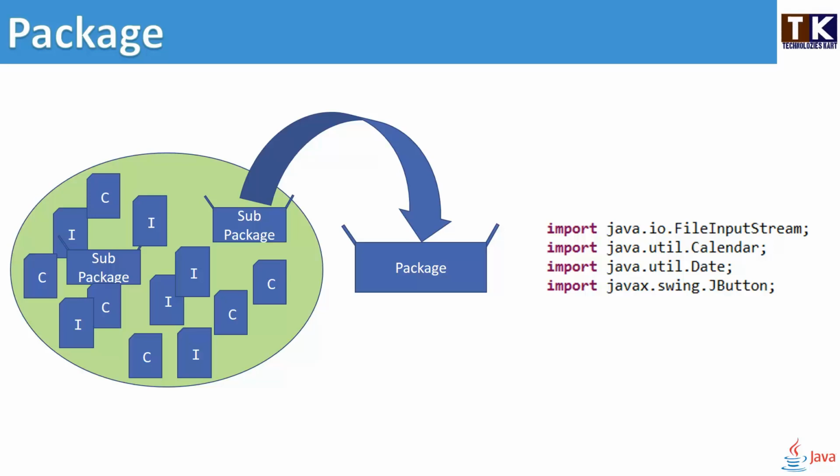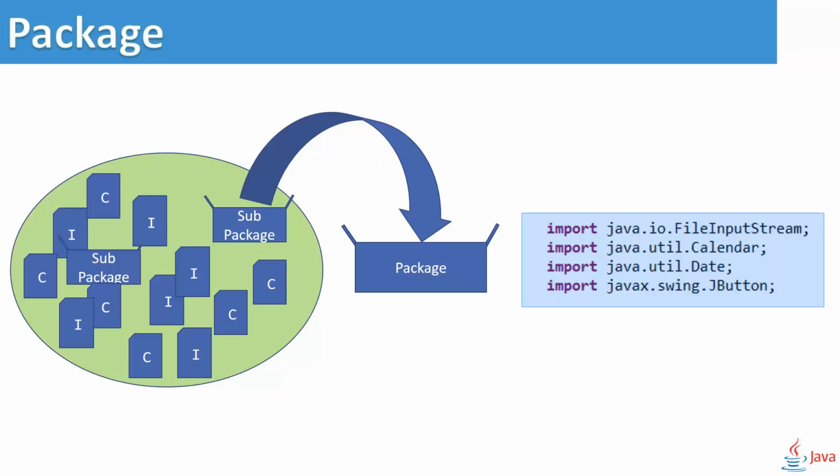The next question that comes to our mind is how should we organize our package logically? We can take the same example from Java itself. On the right hand, we can see that FileInputStream is used for input output operations, so Java has kept it in the java.io package.